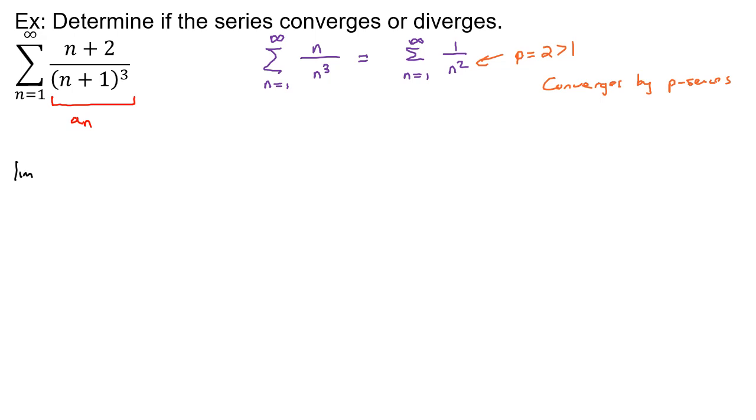So if I do the limit as n approaches infinity, and I do the a sub n, which is the n plus 2 over n plus 1 cubed, and I divide that by, I'm just going to use 1 over n squared. See what happens.